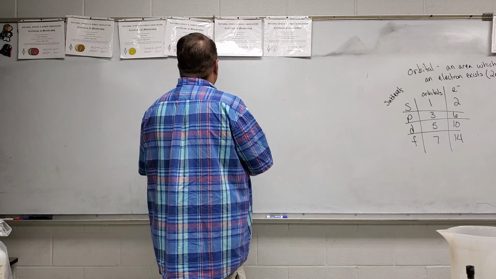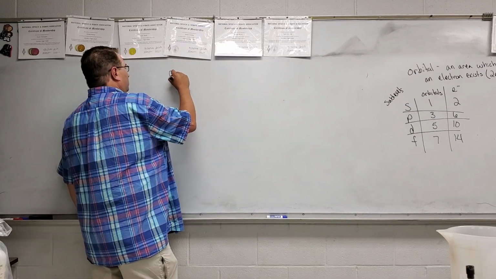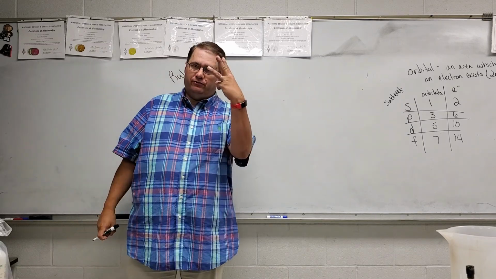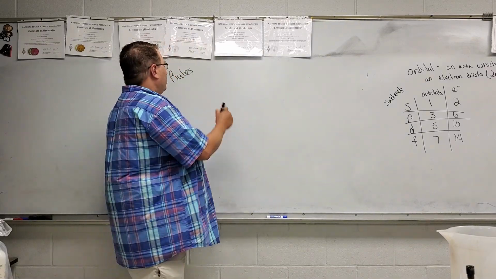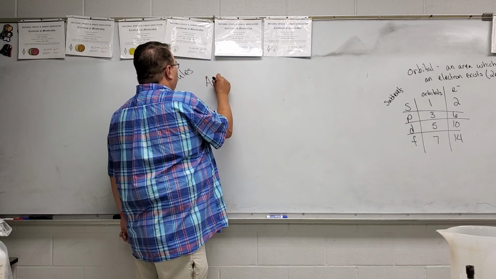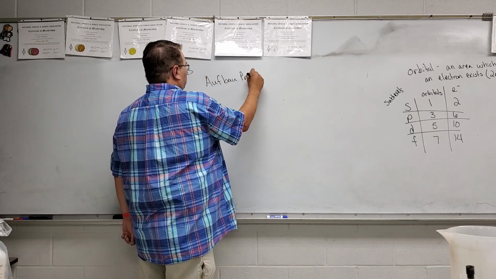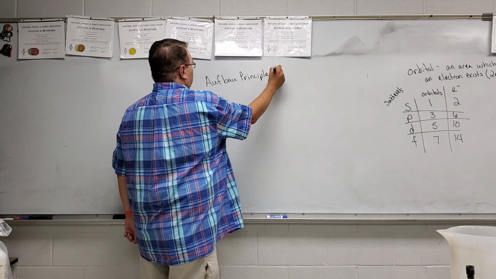Okay, there are some rules for doing electron configurations. There are 3 main rules. The first one is called the Aufbau principle.